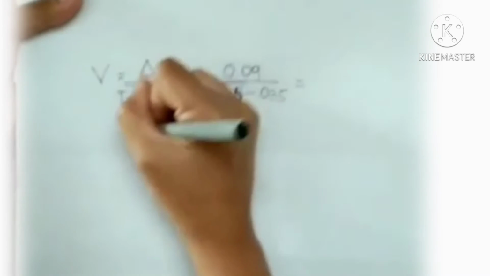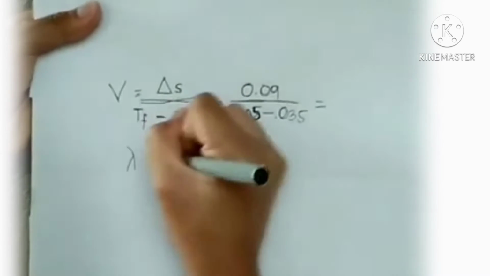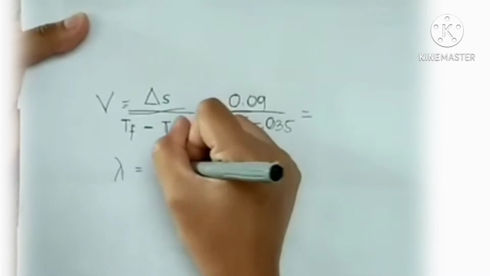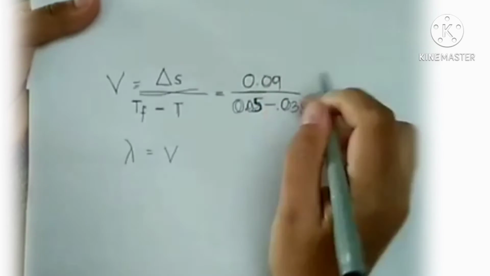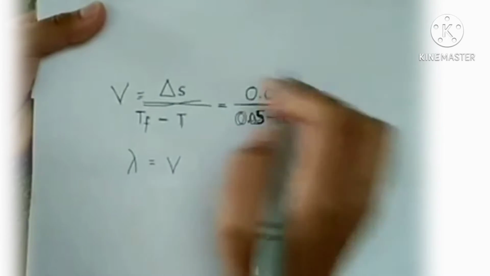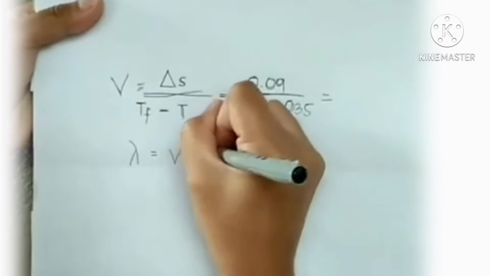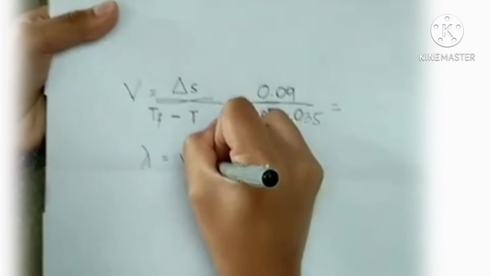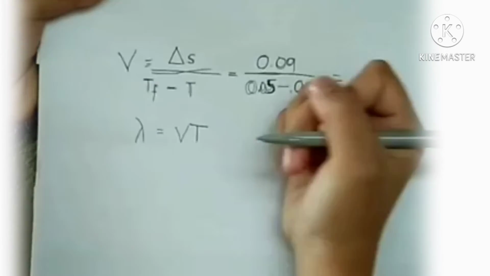Again, the formula for the wavelength is lambda equals the speed, which is the answer for this, times the time, that is the answer from part B.